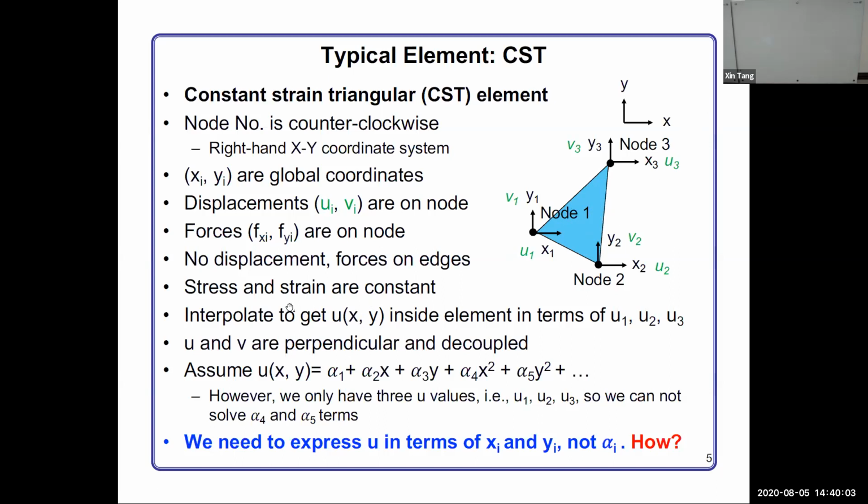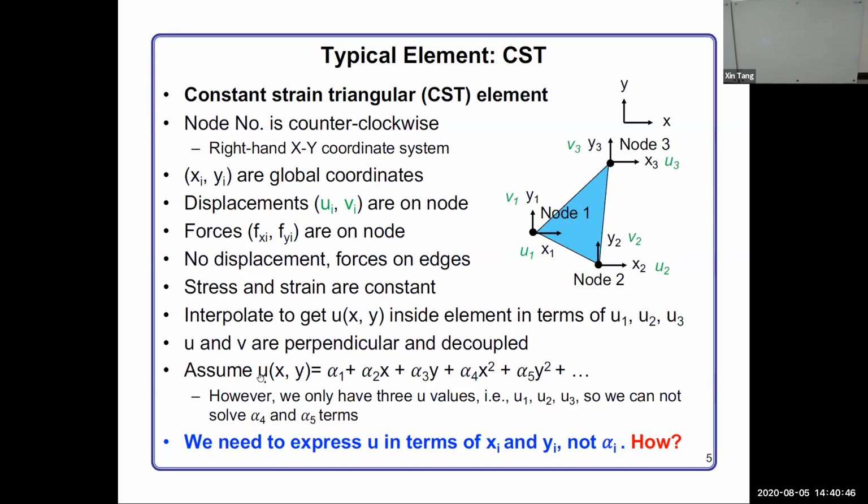Okay. So our goal now is to get the continuous displacement distribution within this CST element, given the displacement values at the 3 nodes of the element. In this case, we will use polynomial equations to simulate the displacement field in this element.